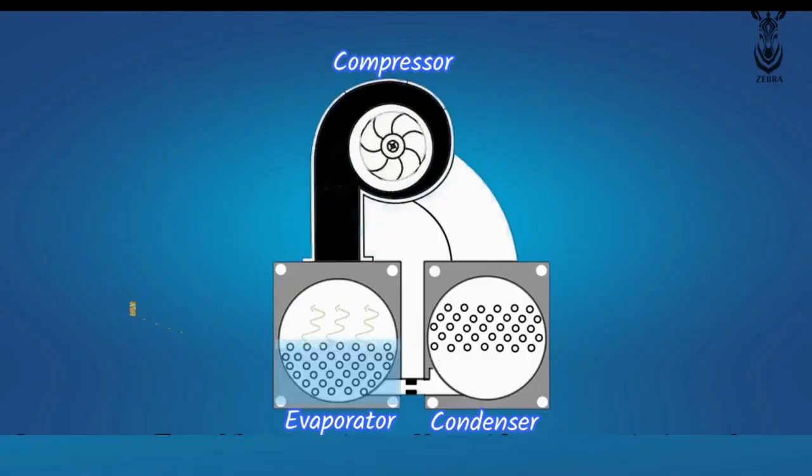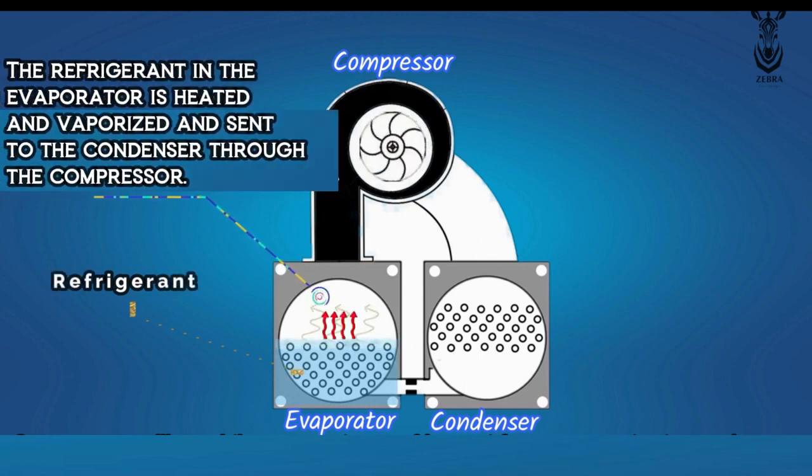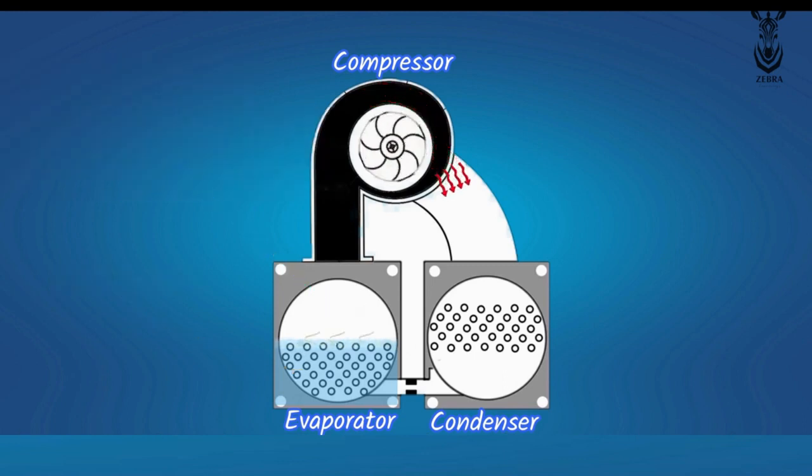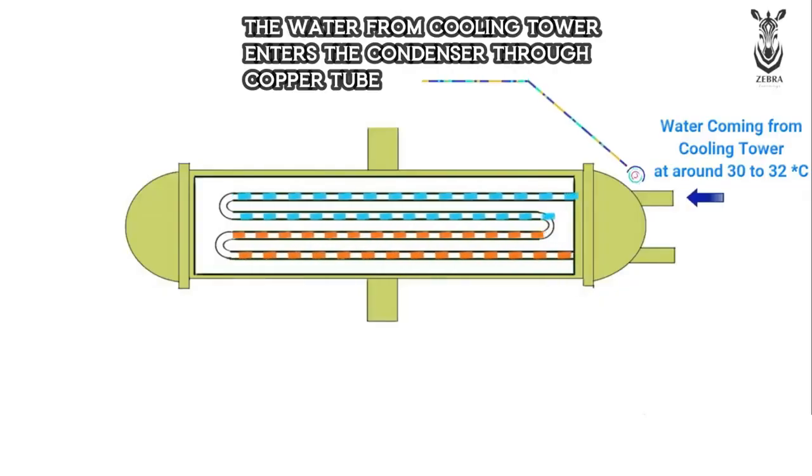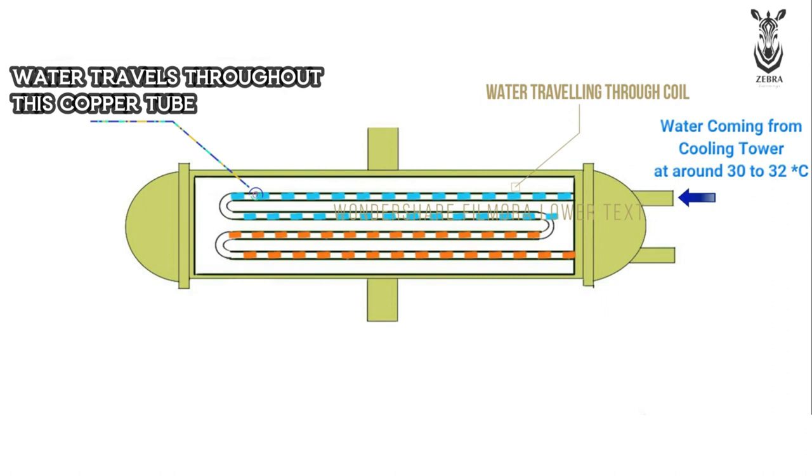The compressor sends the refrigerant from the evaporator to the condenser, in the vapor phase. The water coming from the cooling tower enters the condenser at 32 degrees Celsius through the copper tubes. This water travels throughout the tube.